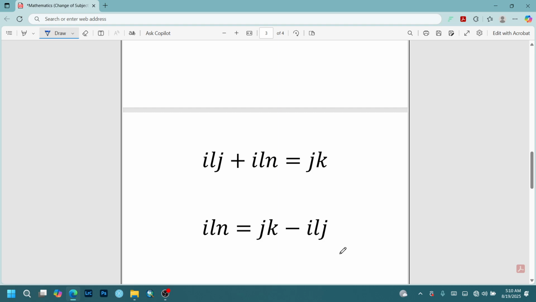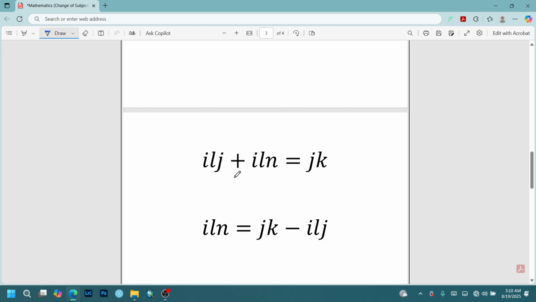And before that, we grouped like terms here. Okay, so ILN is a positive number. We maintained it, right? So positive ILN.